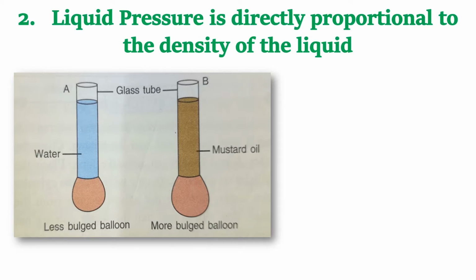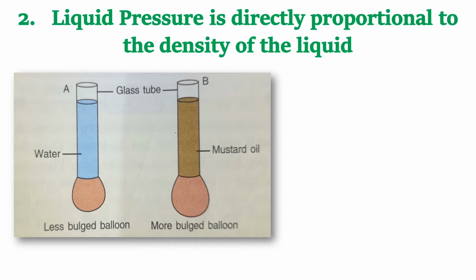Now we will hold them vertically and tie a balloon at the lower end of each tube. Next, we will pour some water in tube A and some mustard oil in tube B such that its height in tube B is the same as the height of water in tube A, as shown in the figure.